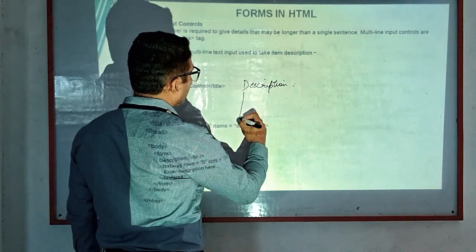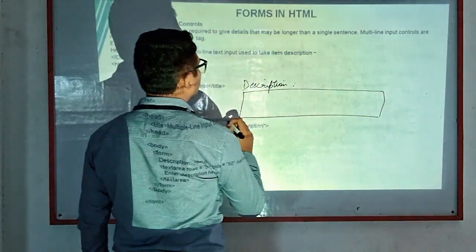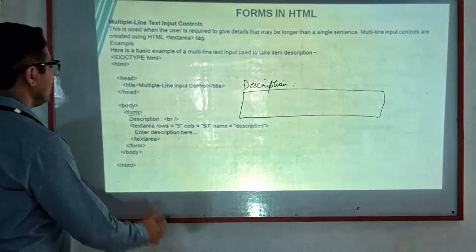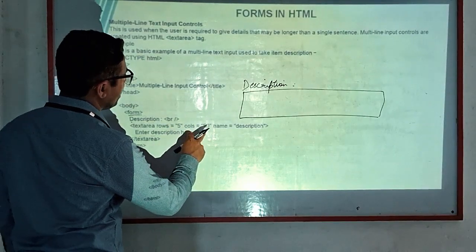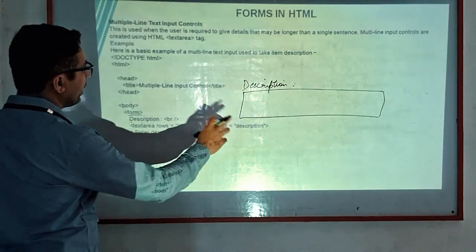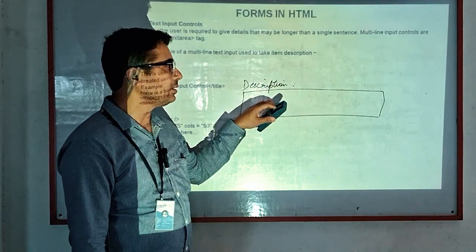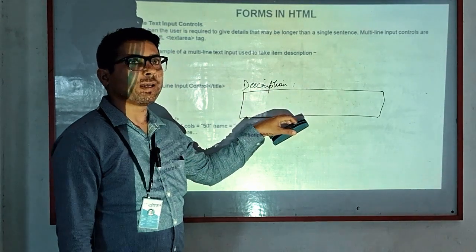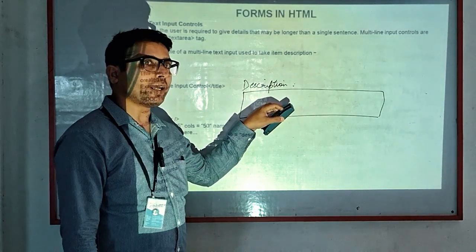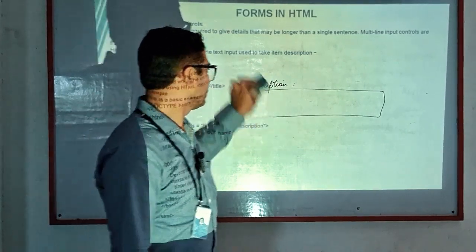So 5 rows, and columns will be 50. This will be the text area as we have set it in the HTML, and you can enter any text. This will be editable. You can type, give space, delete text, enter anything you want.